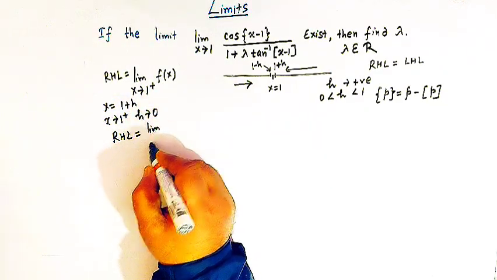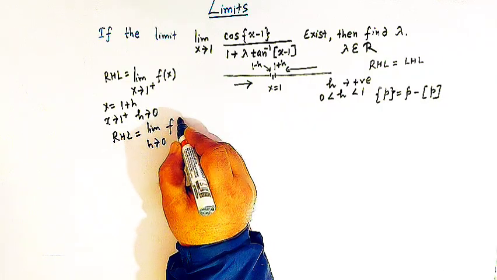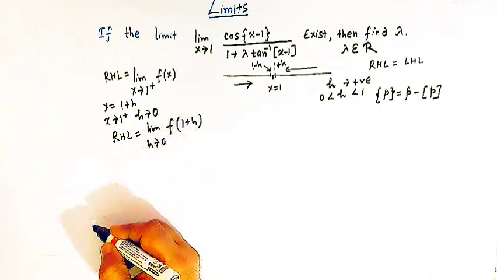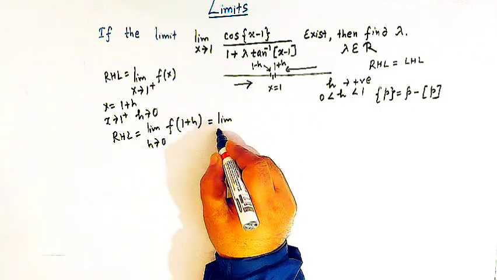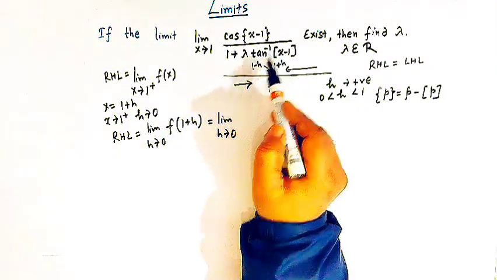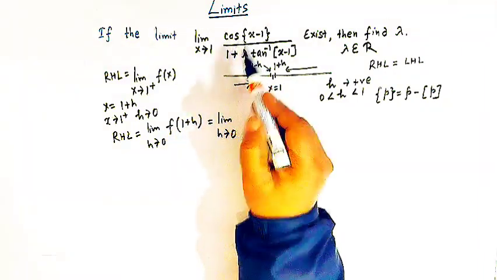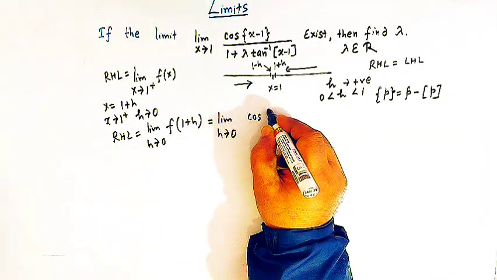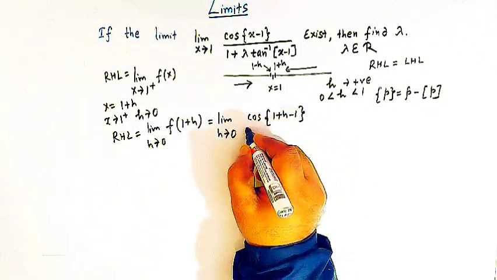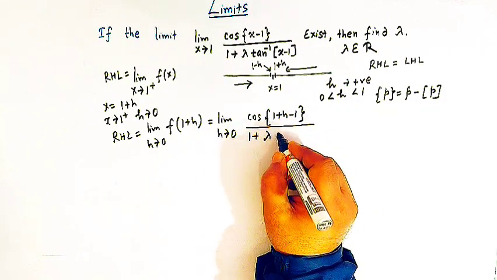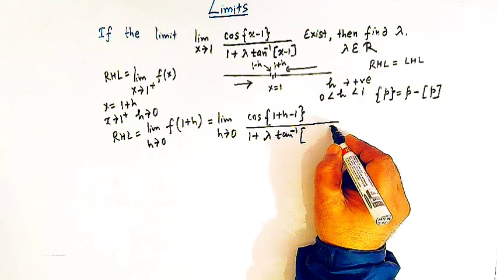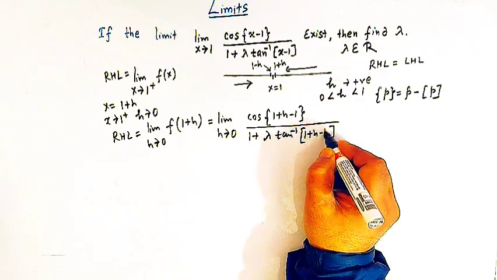So we have limit h tends to 0 of f of x, where x may be replaced by 1 plus h. So we replace all these x by 1 plus h in f of x. We have cos of the fractional part of 1 plus h minus 1, divided by 1 plus lambda times tan inverse of the greatest integer of 1 plus h minus 1.